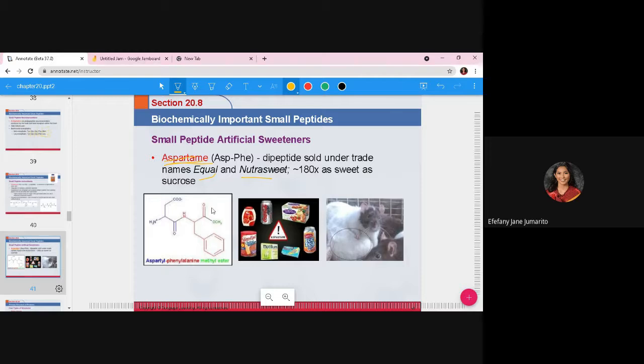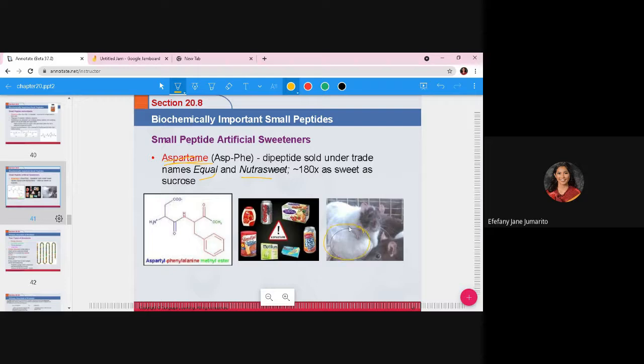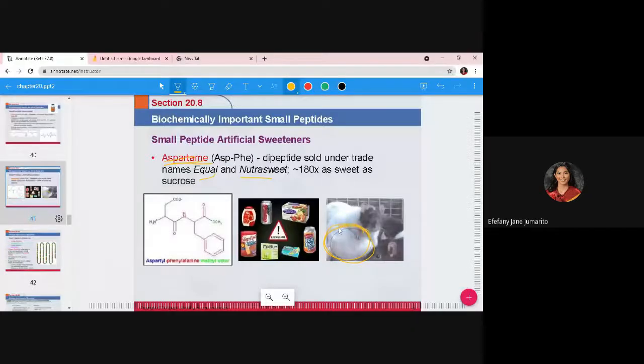Your phenylalanine and then your aspartic acid. So notice, class, your artificial sweetener has disadvantages. I told you already that in a study using rats that have been dosed with aspartame, with artificial sweeteners, it stimulates tumors inside the body. You can see that they grew.